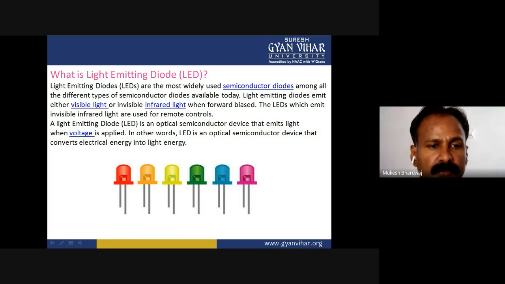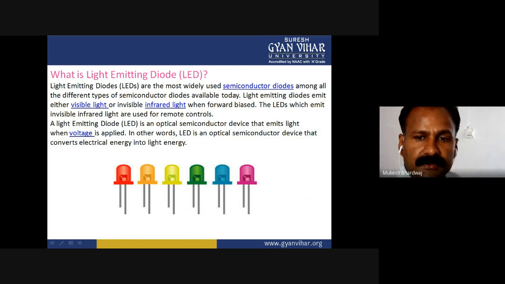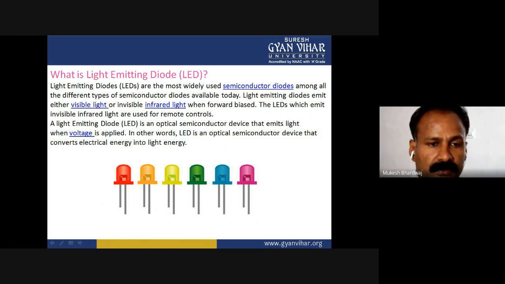A light emitting diode is an optical semiconductor device that emits light when voltage is applied. In other words, an LED or light emitting diode is an optical semiconductor device that converts electrical energy into light energy. These are some pictorial representations of LEDs.